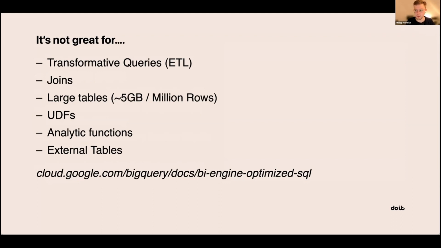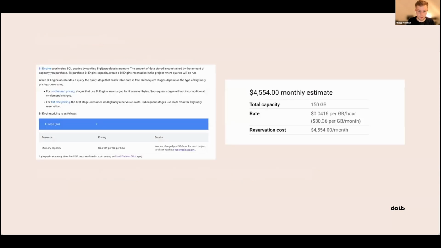So it's made for BI workloads that are just aggregating, probably joining a dimension table with a fact table, but it's not made for large transformative workloads. External tables are not supported. Some UDFs, or UDFs in general, are not supported. So it's definitely made for calculating something, having a dimension table, having a fact table, and joining them together. And this is where the BI Engine comes into play.